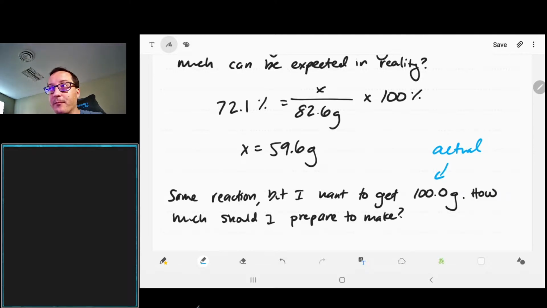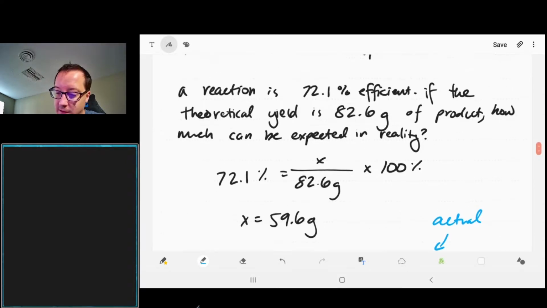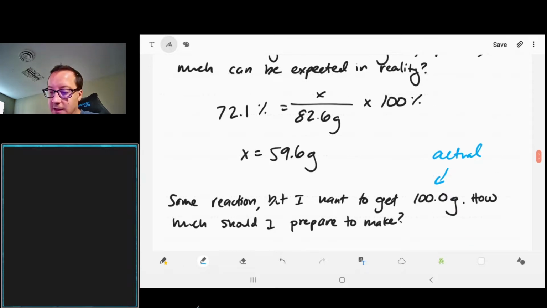So I'm making this product. I want to get 100 grams. However, I know that this reaction is only 72.1% efficient. And so I can kind of plan ahead and be like, okay, well, if I know I'm going to lose some of mine to side stuff or whatever, then I can take that into account when I'm planning out how much to make.